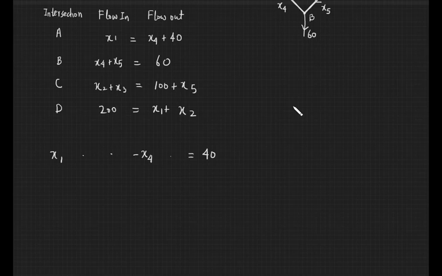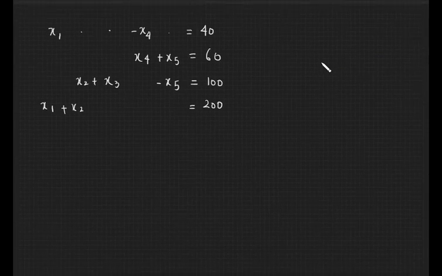Similarly, the second equation is x4 plus x5 equals 60. The third equation is x2 plus x3 minus x5 equals 100, and then x1 plus x2 equals 200. Now this is the system of linear equations with 5 unknown variables, x1, x2, x3, x4 and x5.